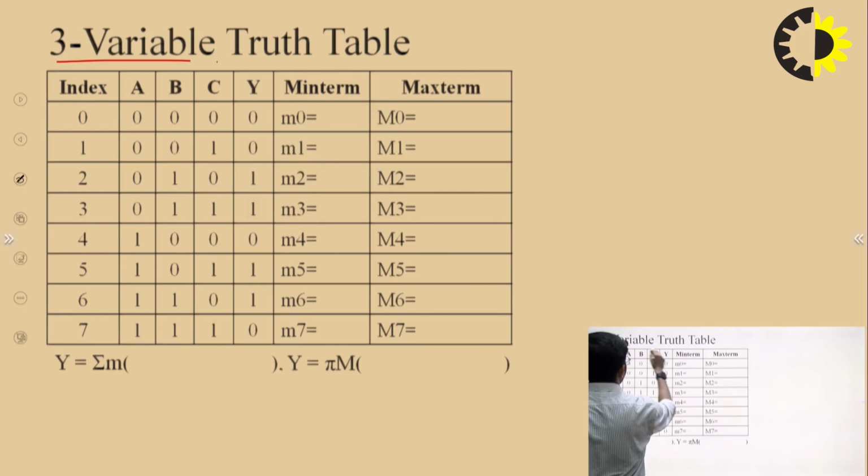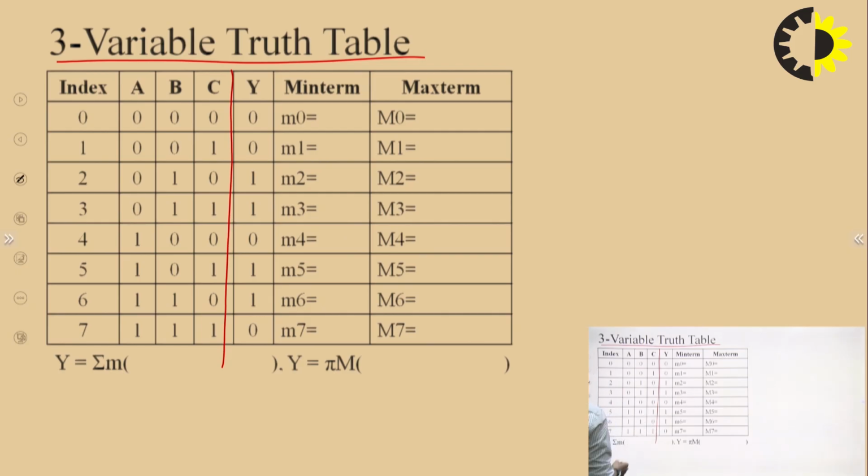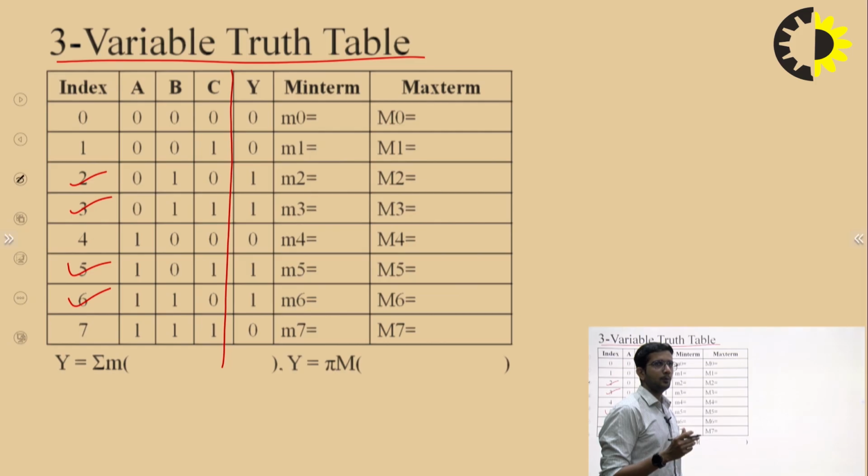Now for the 3 variable truth table, A, B and C, and Y is the output. As we can see, Y will be 1 at places 2, 3, 5 and 6. So in case of the min terms, we have to take the combination at which output is 1.